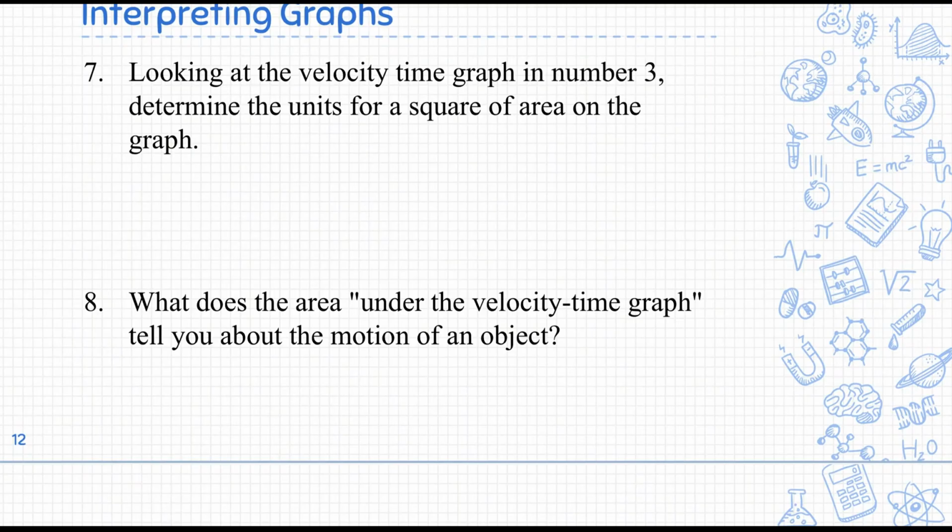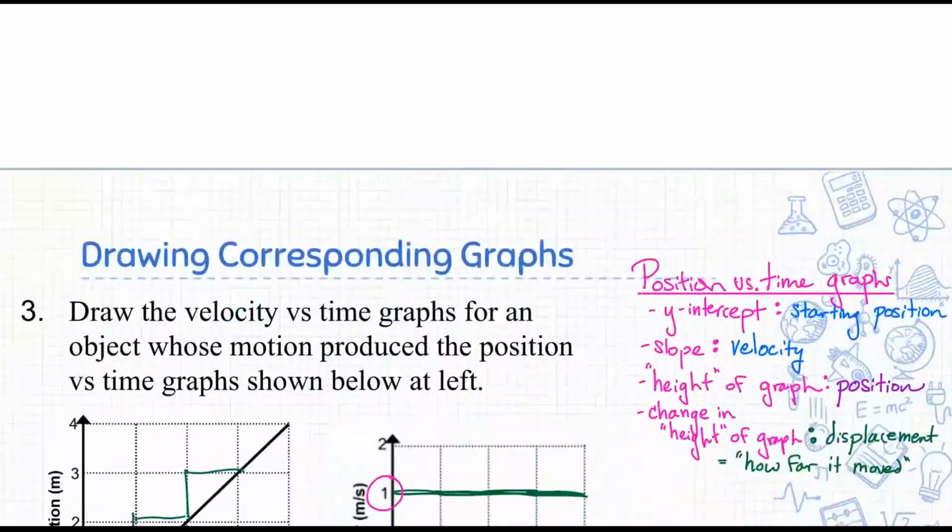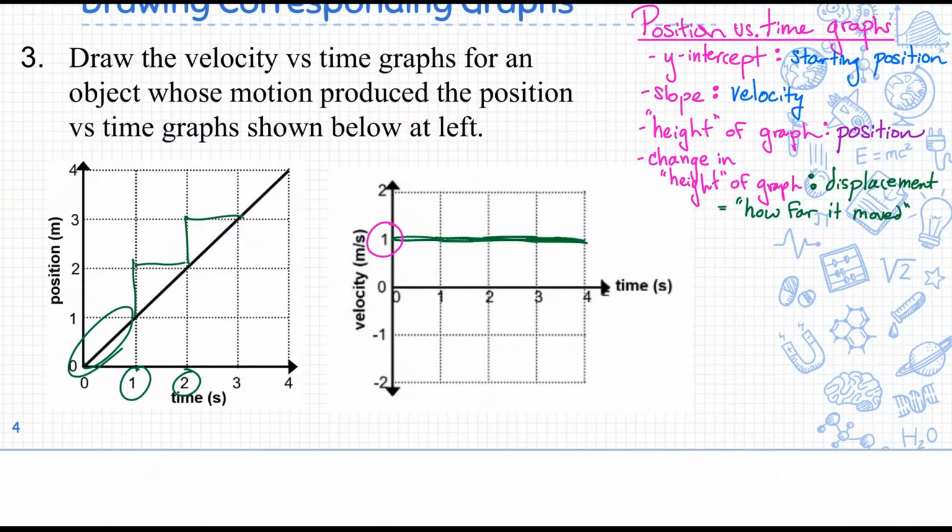So the area on number 3, if I go back to number 3, and if I want to know the area, I'm going to be looking at this. And it asks me for the units of the area. Well, when I'm looking at this, the height of this is 1 meters per second.